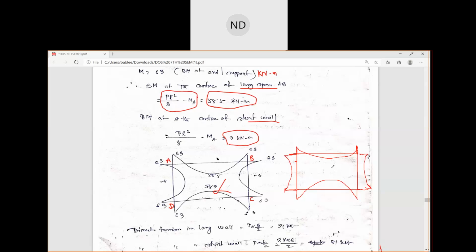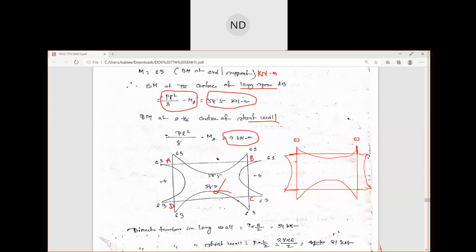Here it is 63, here it is 63, minus, minus.